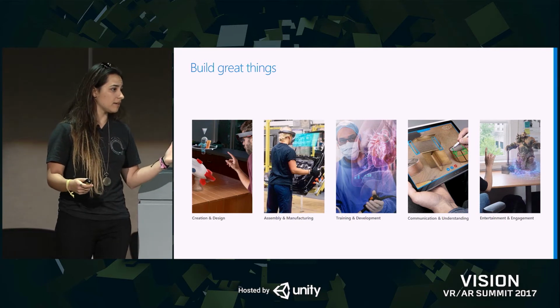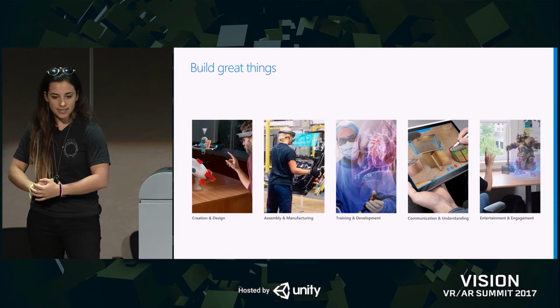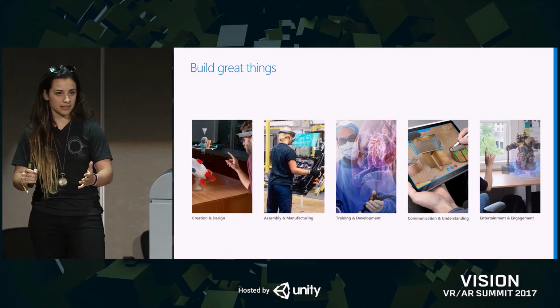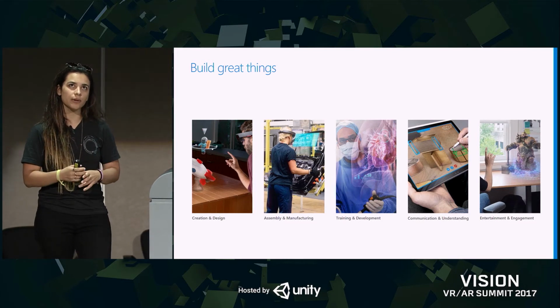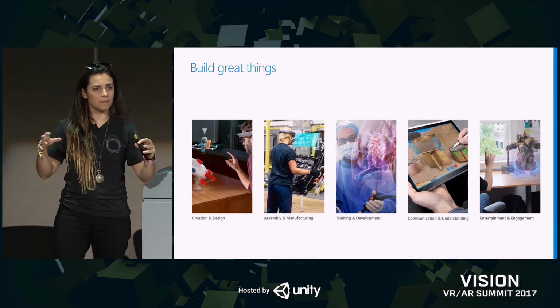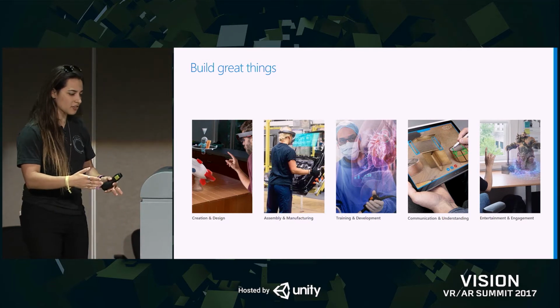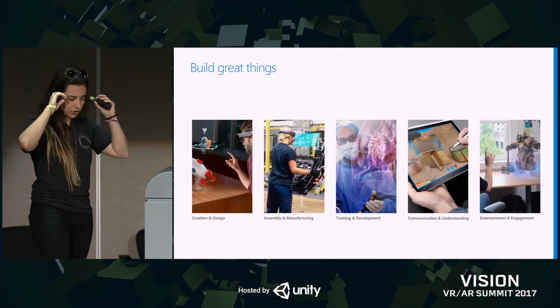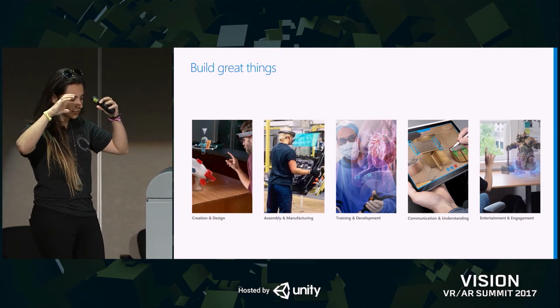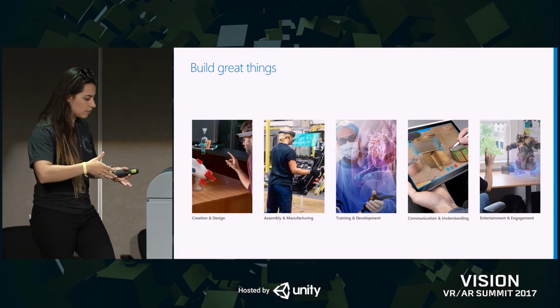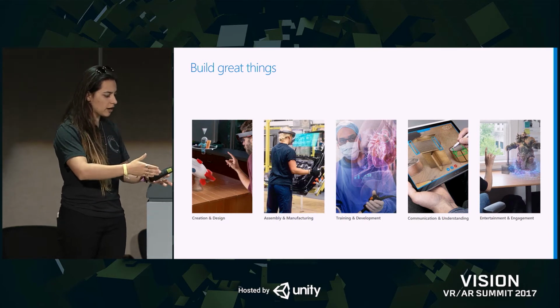Same thing with assembly and manufacturing. There was a great example of this three weeks ago now, with a knitting company. It was a factory where a worker just placed on the HoloLens, and it was a proof of concept of going through the manufacturing process.